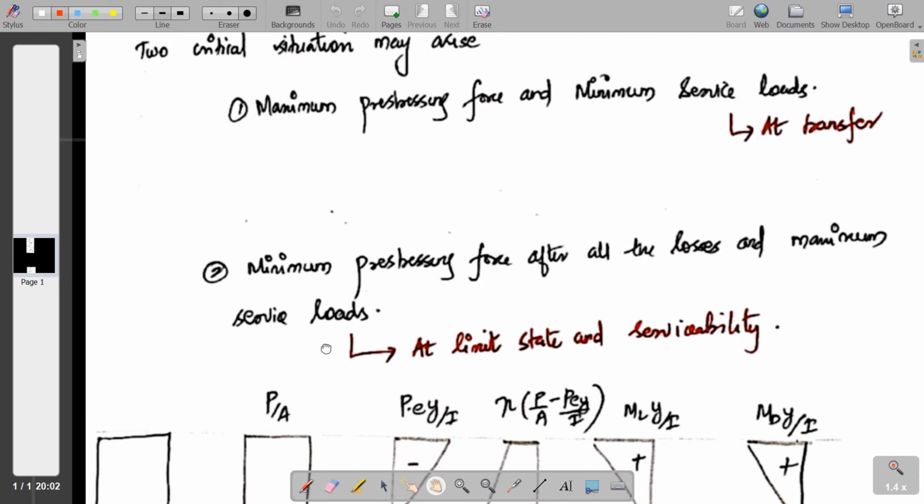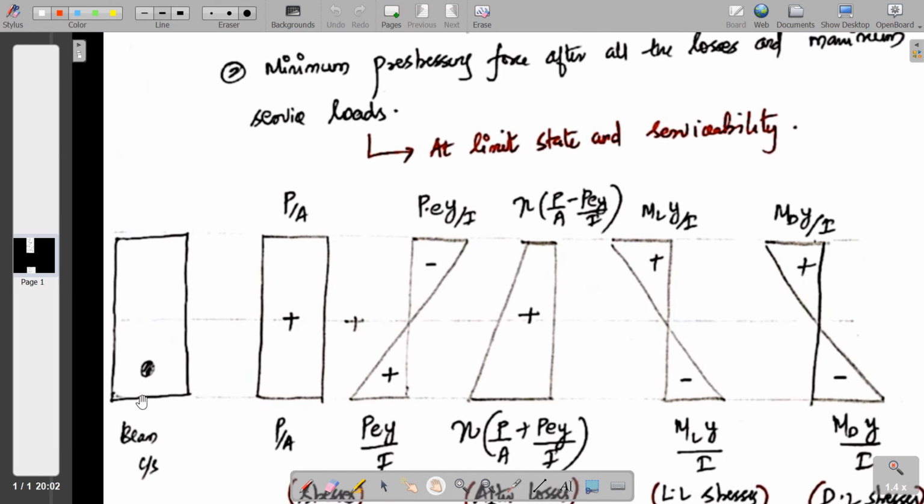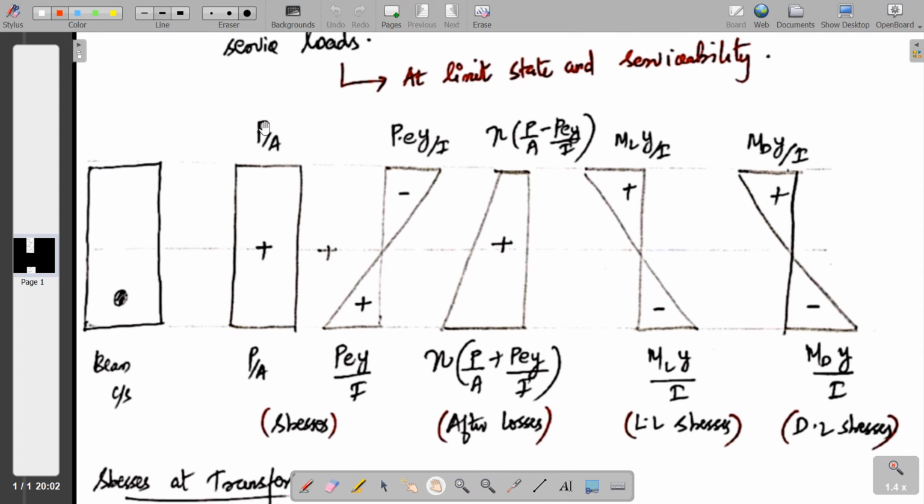So if I am considering these two situations, the concrete or the member should be safe in taking all the stresses. If I have a beam cross section like this, having pre-stressed tendons, then due to the pre-stressing force there is a direct compressive stress, that is P by A, and the eccentricity will create a bending stress which makes tension at the top and compression at the bottom.